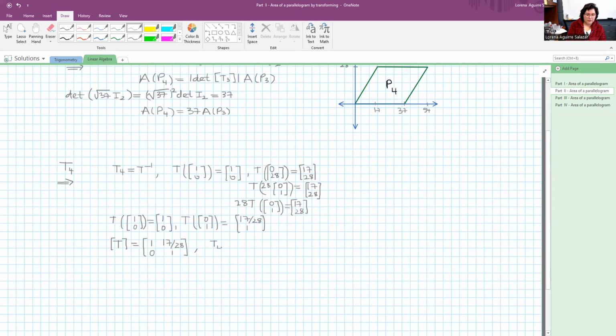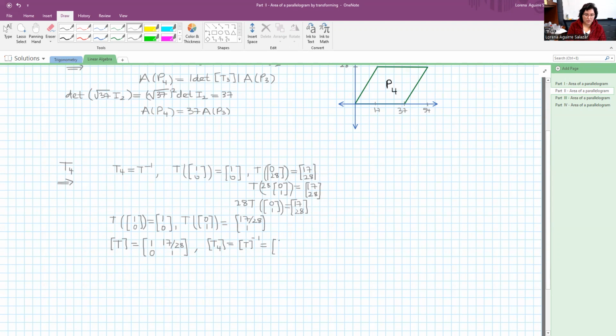And because T4 is the inverse of T, then the matrix associated with T4 is the inverse of the matrix associated with T. Because this determinant is 1 times 1 minus 0 times something, the determinant is 1.